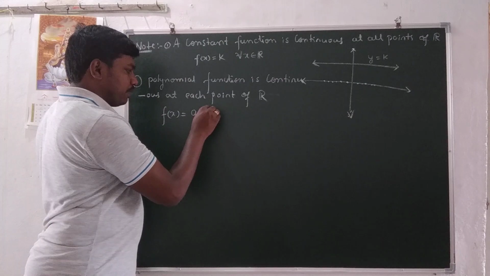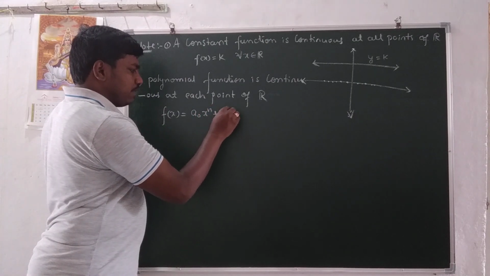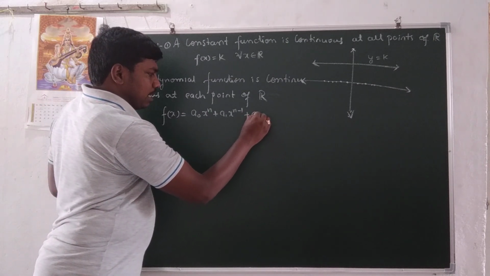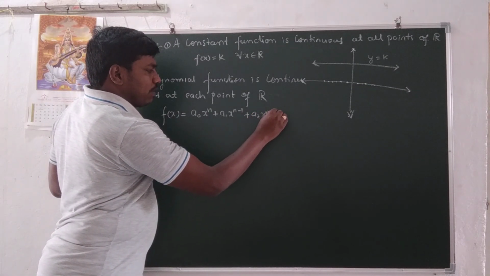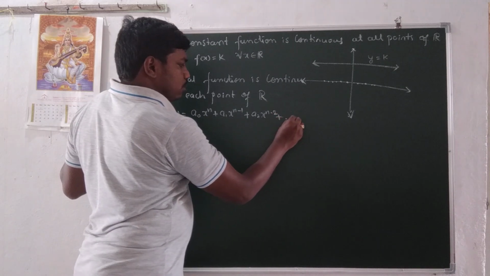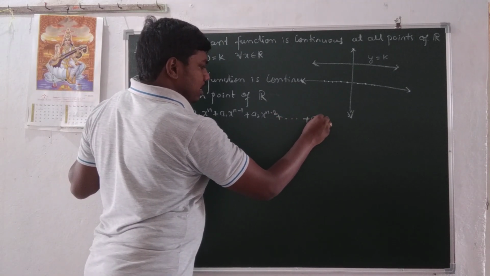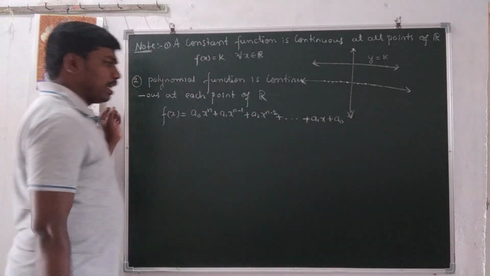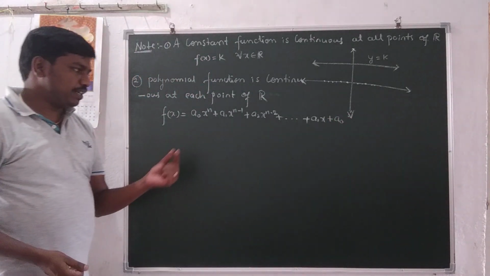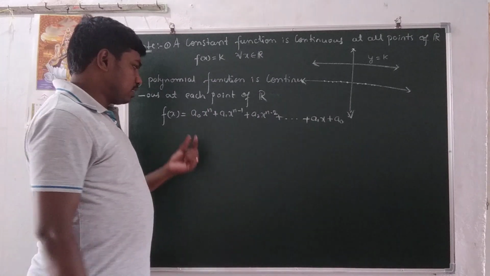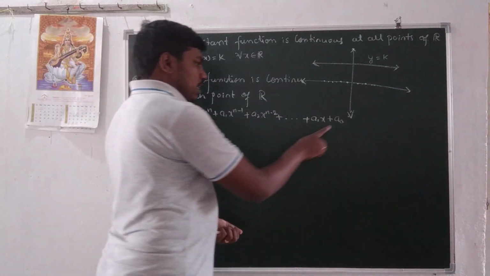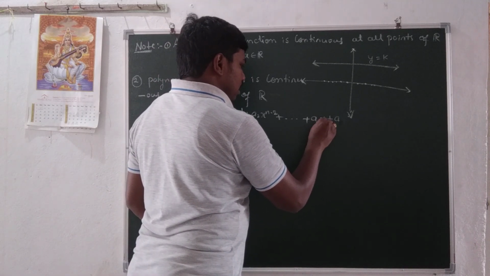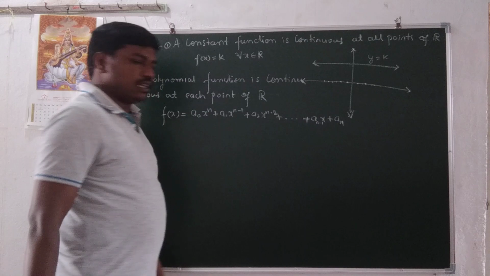A polynomial function is a0 x to the power n plus a1 x to the power n minus 1 plus a2 x to the power n minus 2, and so on, plus a(n minus 1) x plus an, right?